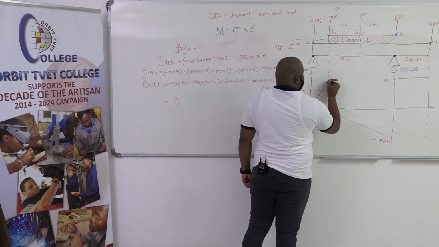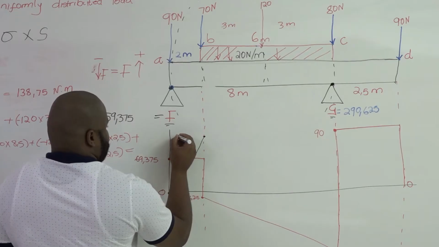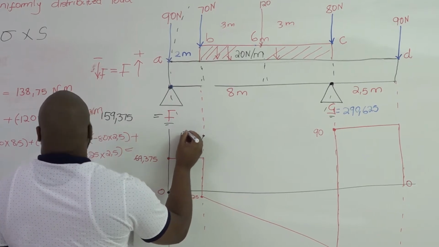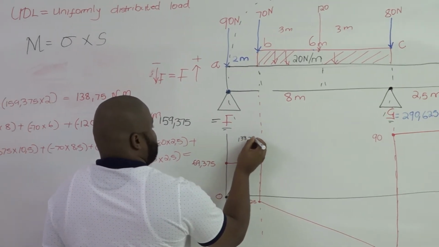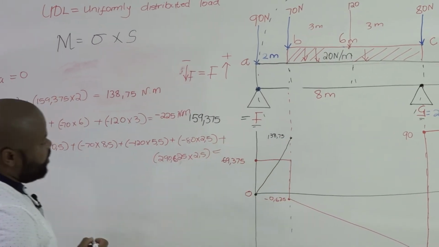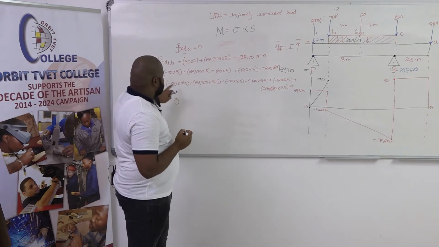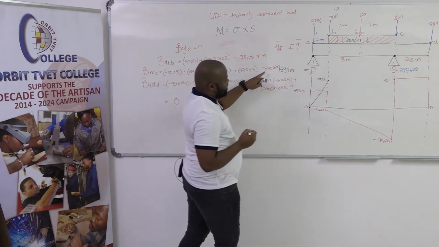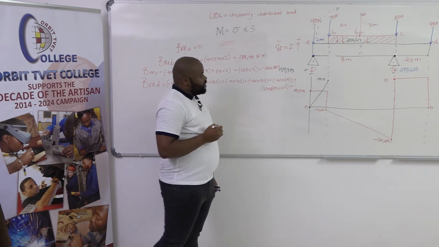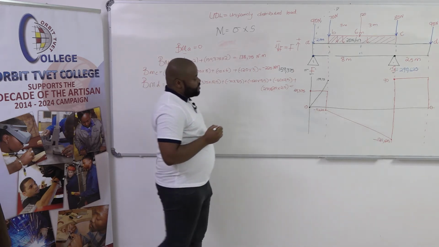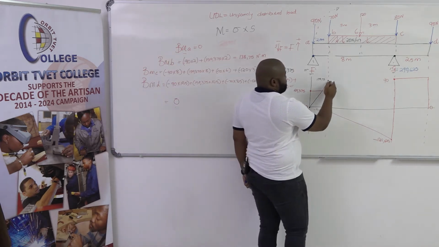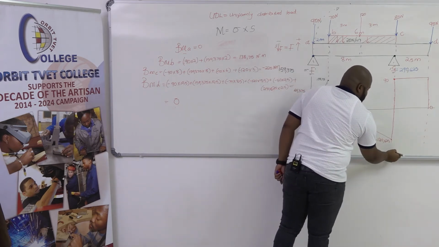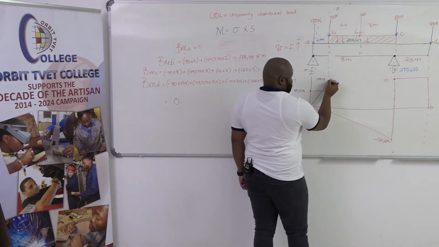So now we have a value of 138.75. From that point, we're now going to bending moments at C. Bending moments at C, it's taking us to minus 225. So meaning that we're going to go from C to minus 225, of which it will be that point.